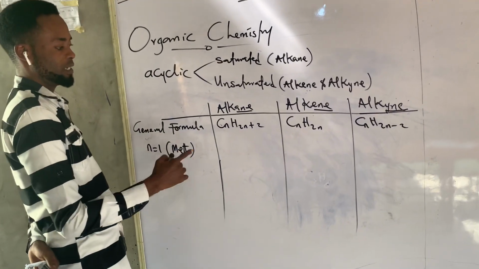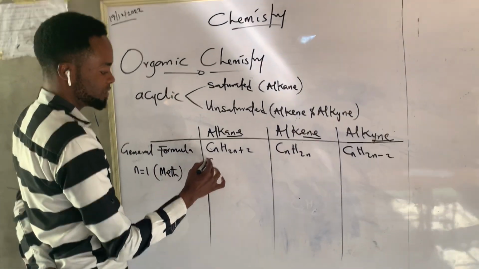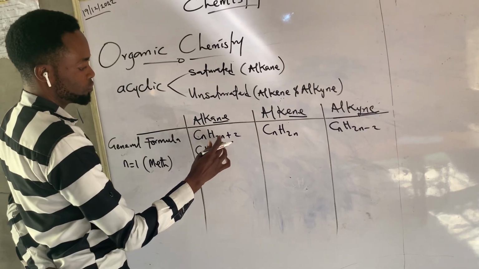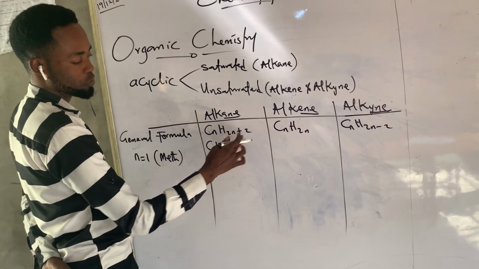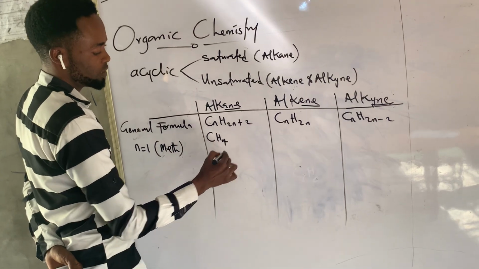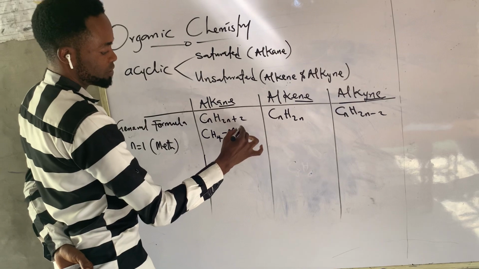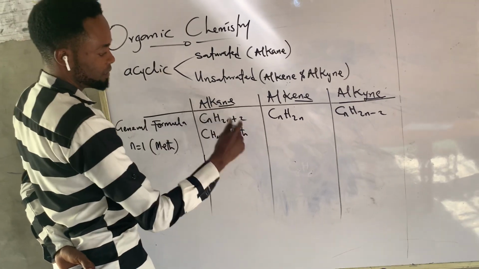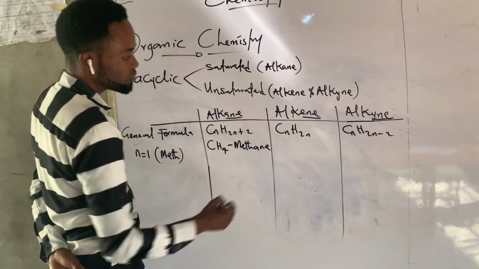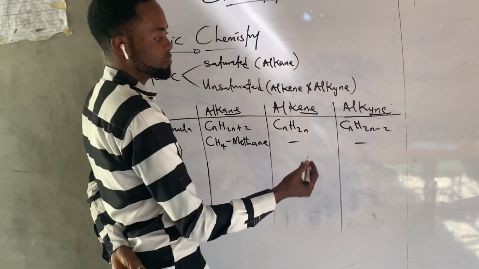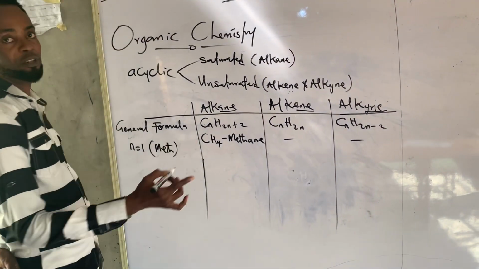So when n is equal to 1, we have CH4: 1 times 2 is 2, plus 2 is 4. The name will be methane because it's meth plus ane. The alkene and alkyne have no first member, there's no methene and no methyne.